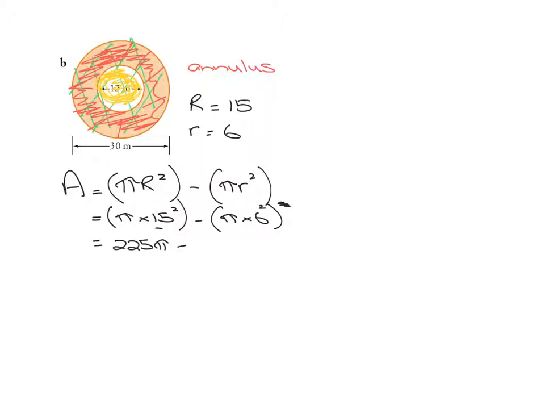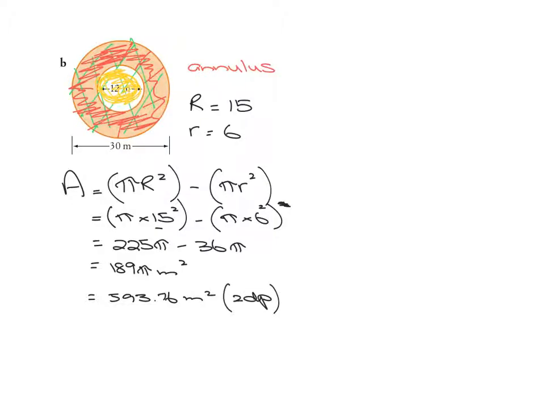And so the exact answer of this particular question is in actual fact 189 pi square metres. But in this case, we're going to give the answer to 2 decimal places. So times it out by the pi and I get 593.76 square metres, and that's to 2 decimal places.